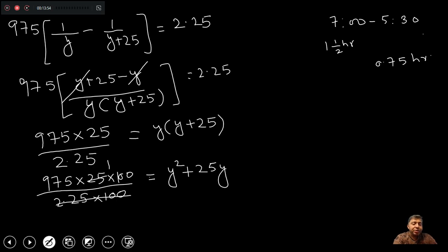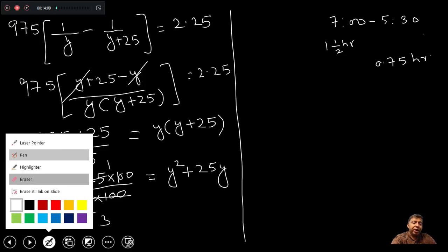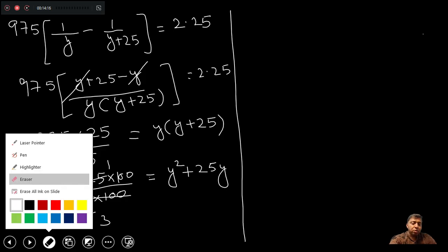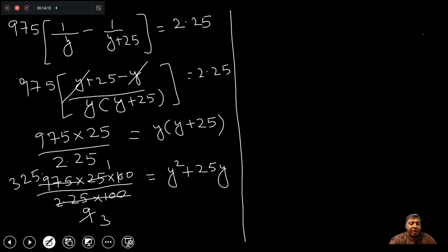25 times 9, 3 threes are 9, 3 twos are 6, 1 carried 15, 3 fives are 15. And so we have 325 times 100 as 32500 equals 3y square plus 75y.